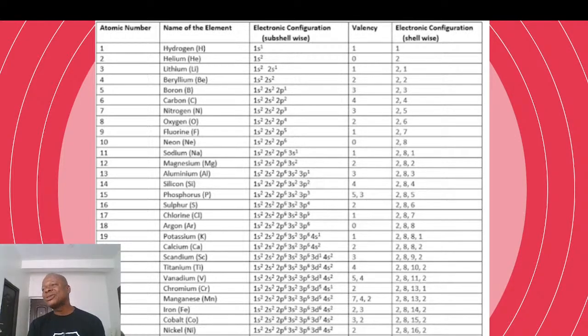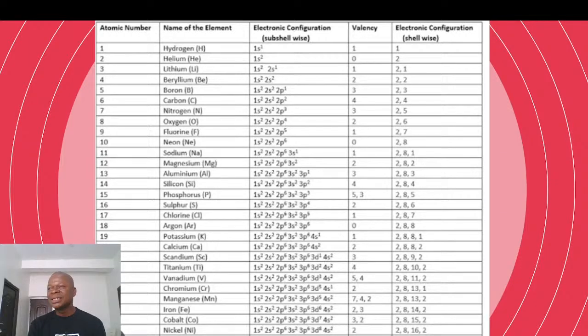If you sum it up, we get 2 plus 2 plus 3, that is 7, giving you the atomic number of nitrogen. Then, in the shell, what you're going to get there is 2 and 5, giving you 7. There's a mistake there. The valence should be 5.